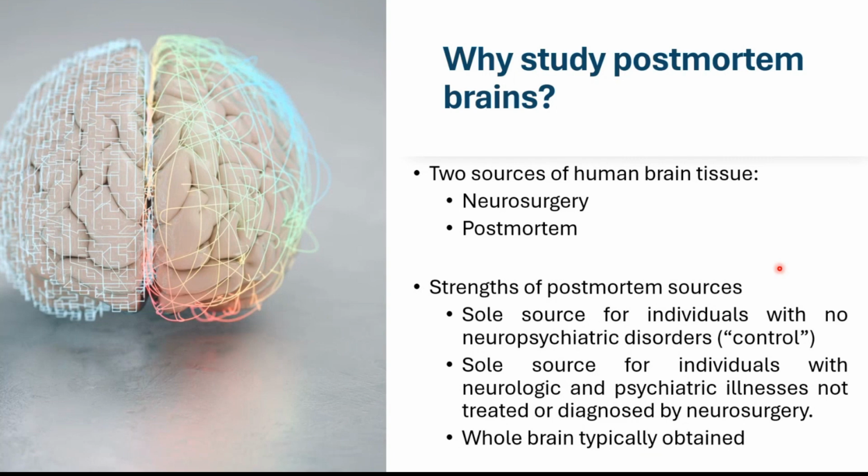It is also the sole source for individuals with brain illnesses that are not treated or diagnosed by surgical interventions. So things like, I'm interested in schizophrenia, autism spectrum disorder, major depressive disorder. And the other strength is that the whole brain is typically obtained. So within a single individual, you can analyze different brain regions and see if there's a relationship.